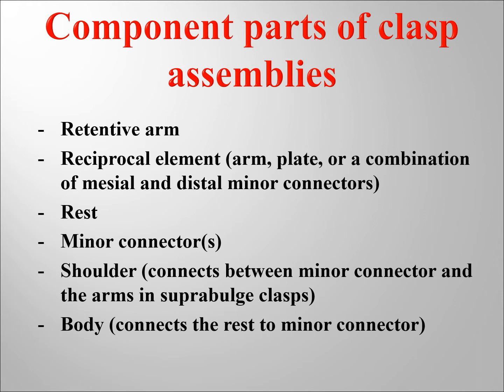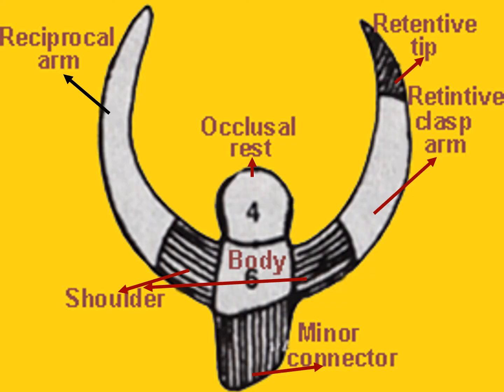Now, each component of these is provided to fulfill certain requirement in the clasp assembly, which we will talk about now. This is an example of a suprabulge or occlusally approaching clasp that has all the components that we mentioned in the previous slide. Mainly there is an occlusal rest here.